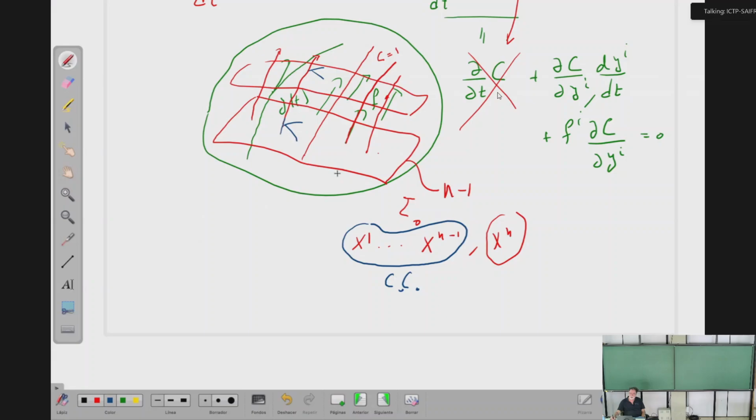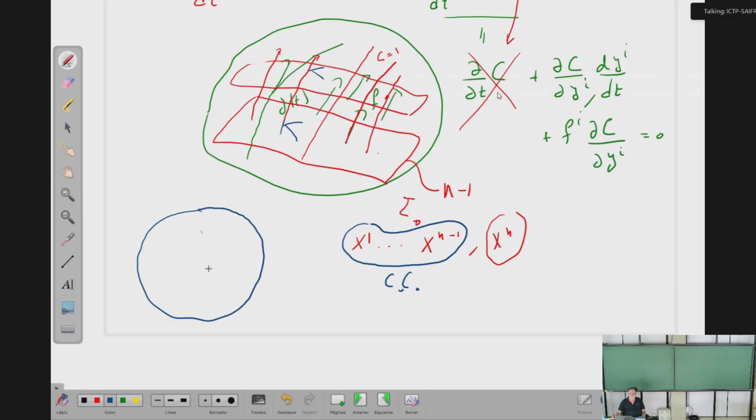So locally there are many conserved quantities. Right? But in physics, what we are interested in is in the ones that come from symmetries, and they are global in general.